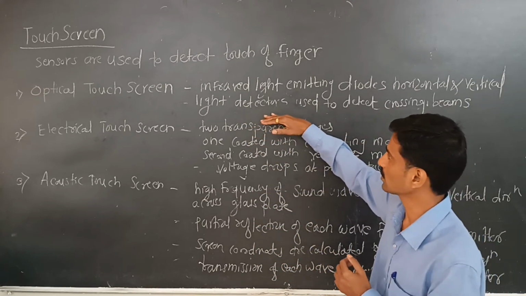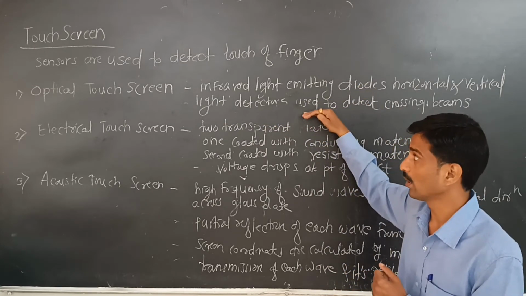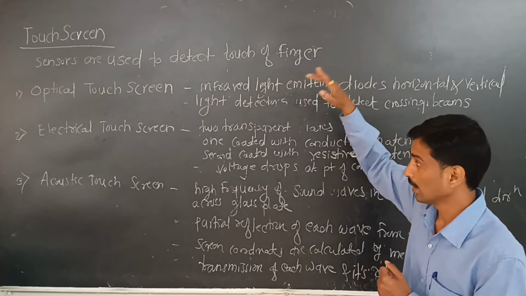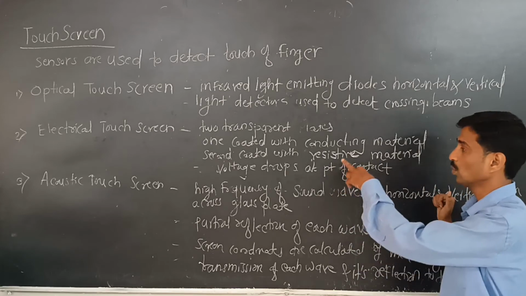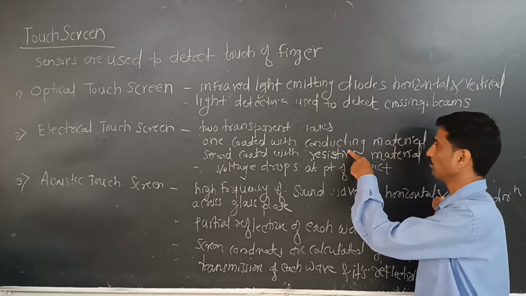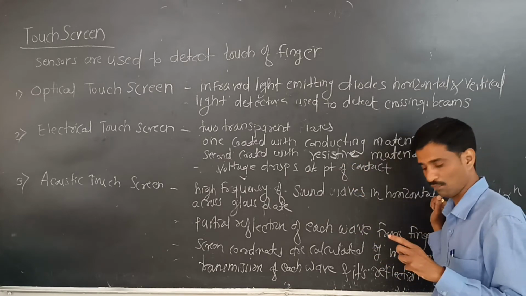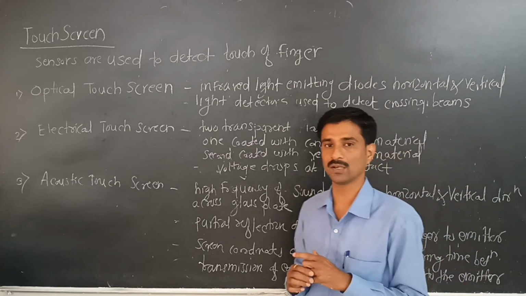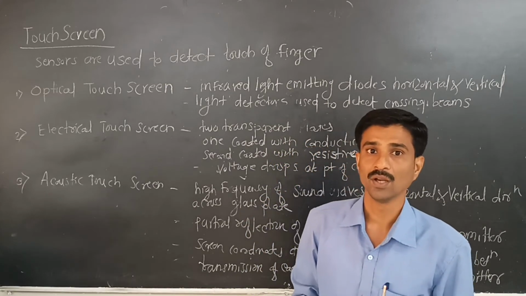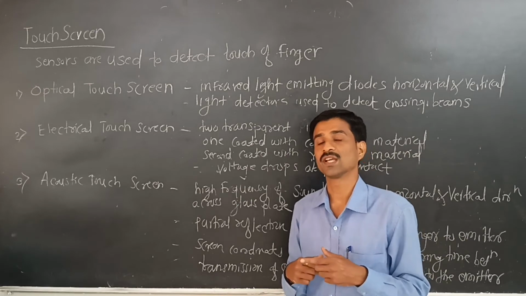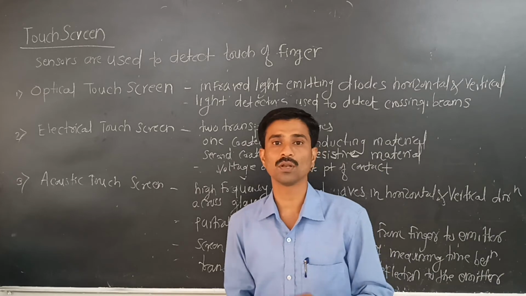As in the optical touch screen we are using light emitting diodes, hence the name optical touch screen. In the electrical touch screen we are using two glass plates, one coated with conducting material and the other with resistive material. When we press the first glass plate with our finger, it comes into contact with the second glass plate and drops the voltage at that particular point.